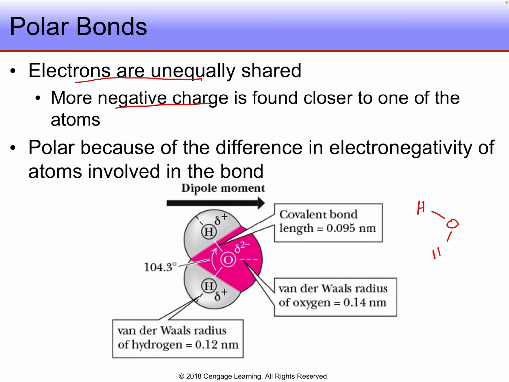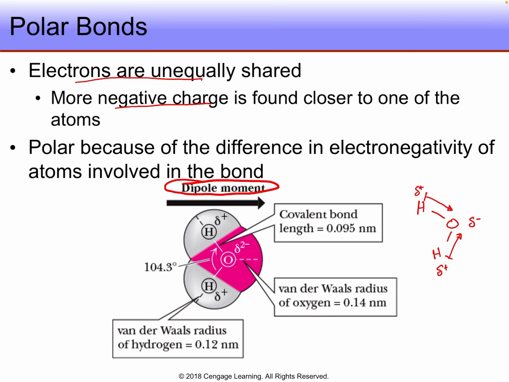Oxygen is more electronegative than hydrogen, and so it will pull electrons towards it away from the hydrogen for both of those bonds, and so it will get a partial negative, and each hydrogen will have a partial positive. When you have a separation of charge, you have what is known as a dipole moment, and that's represented with these arrows.